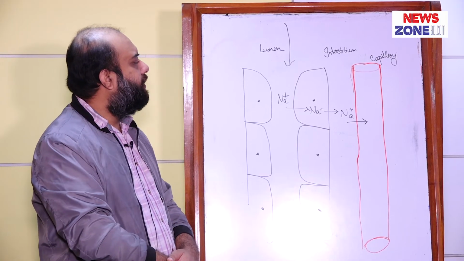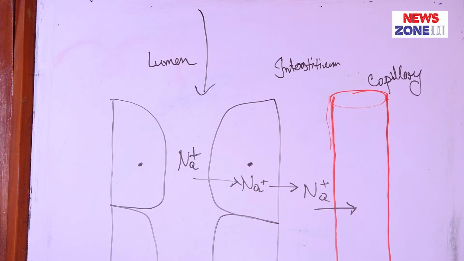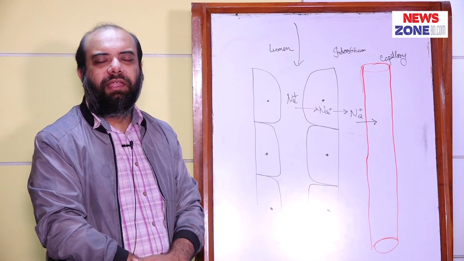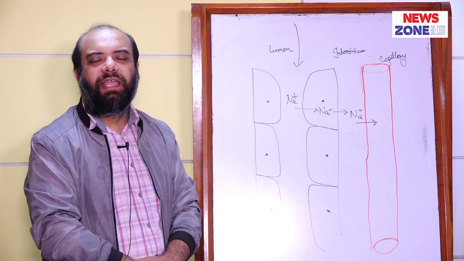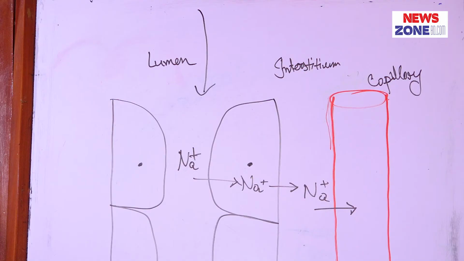And now from the renal tubular epithelial cells into the interstitium, how will it travel? By the sodium potassium ATPase pump. It is a form of primary active transport process. Why do we call it primary active transport process?